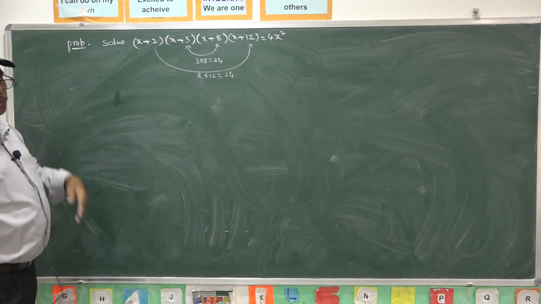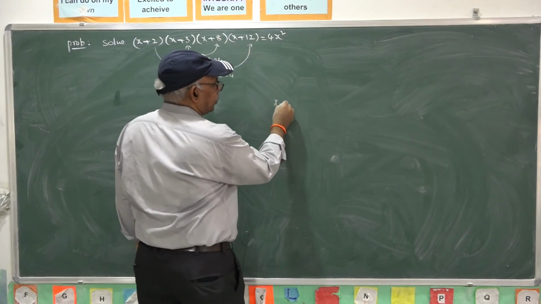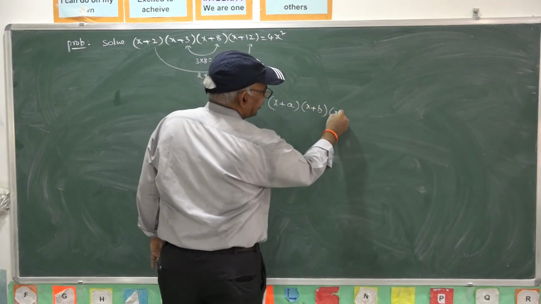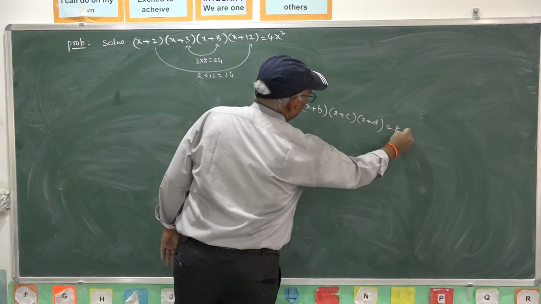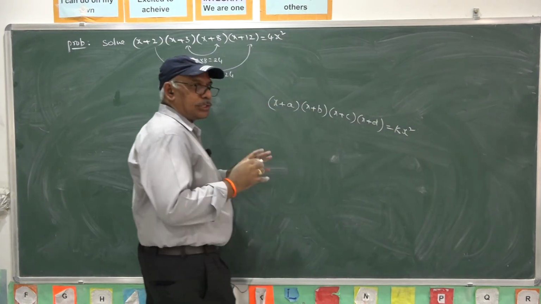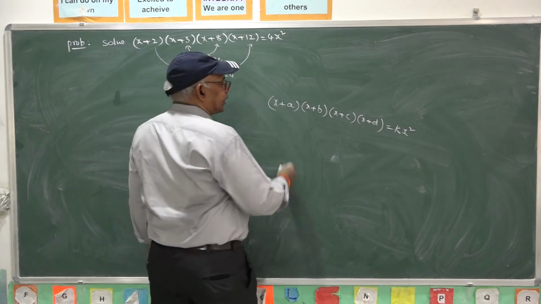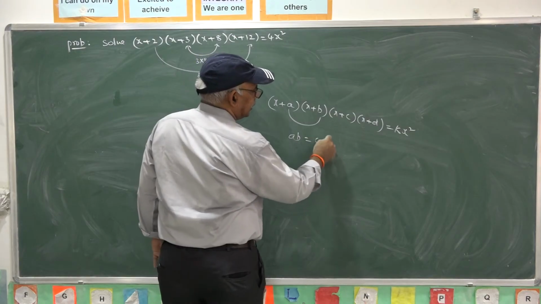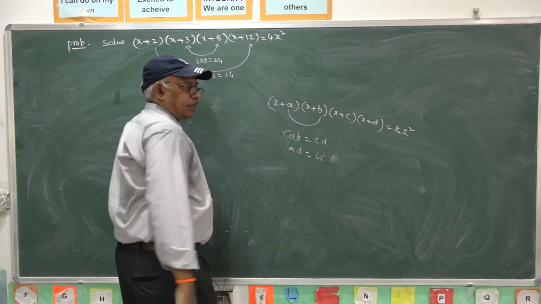In dealing with such questions, particularly in this form, let us suppose the general form of this equation is x plus a, x plus b, x plus c, x plus d equal to some constant into x square. This is the general form of such equations. In this case, observe the product, suppose AB equal to either CD or AD equal to BC, like that.